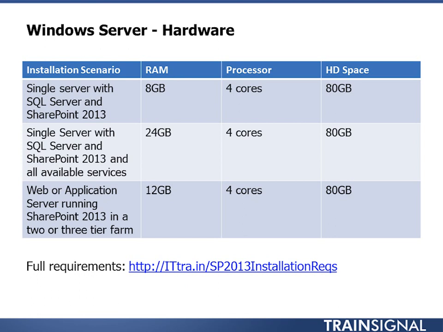So your requirements are of course going to vary depending on your usage patterns and your network. You will notice that there is a link to the TechNet article that explains in detail every single piece of software and all of the hardware requirements. So if you really want to get into the nitty-gritty, you can check that out.